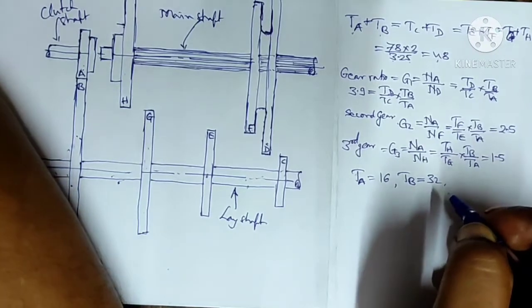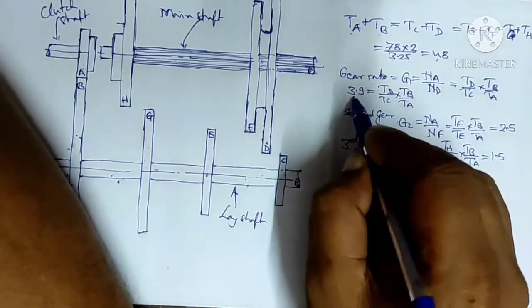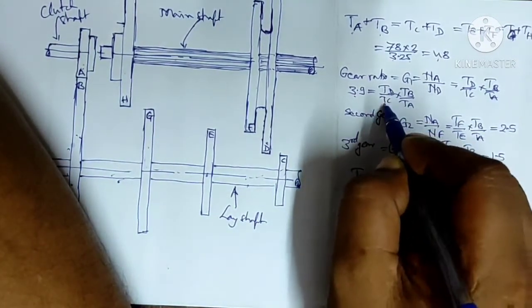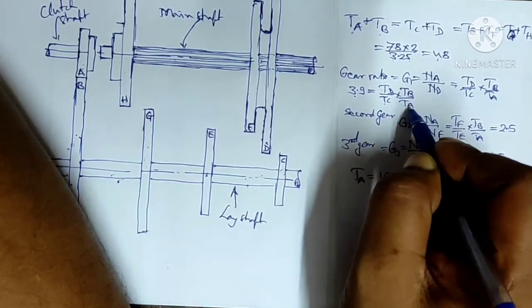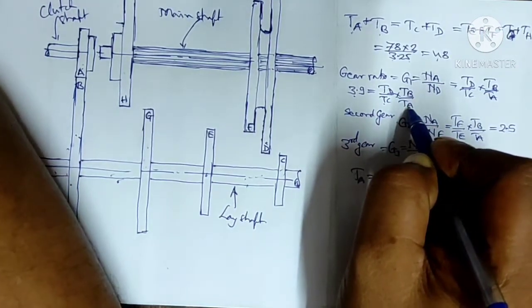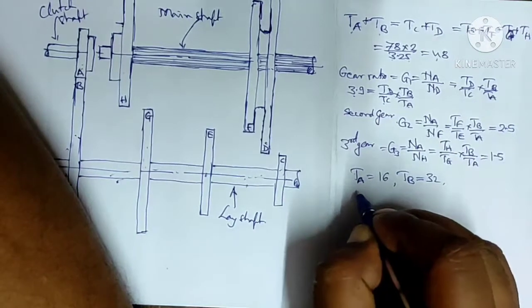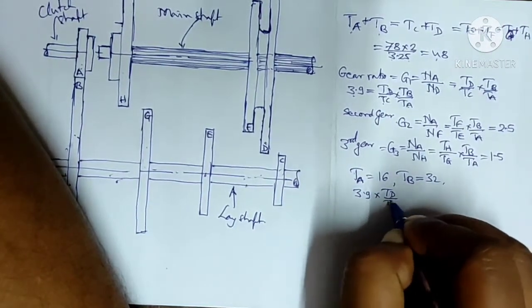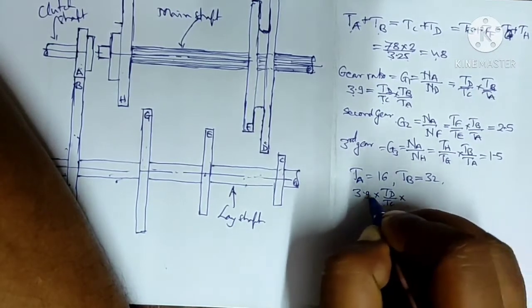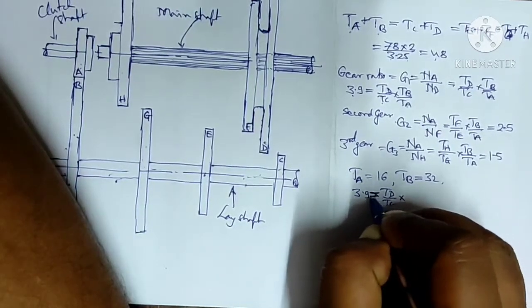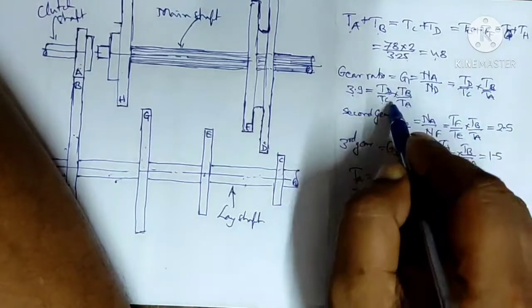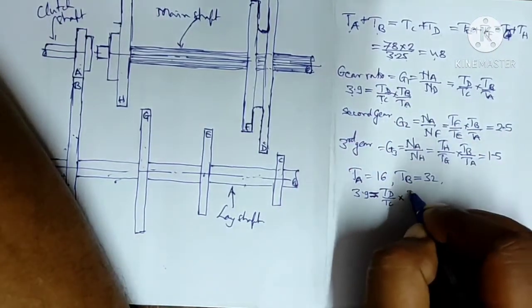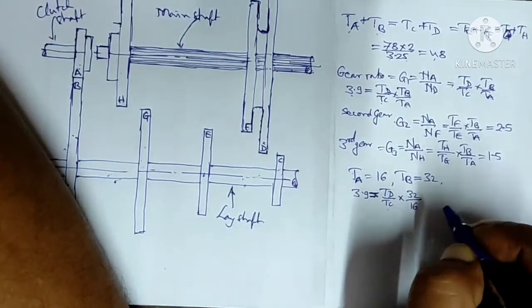If we move to the equation first, 3.9 equals TD upon TC into TB upon TA, that is 32 upon 16.